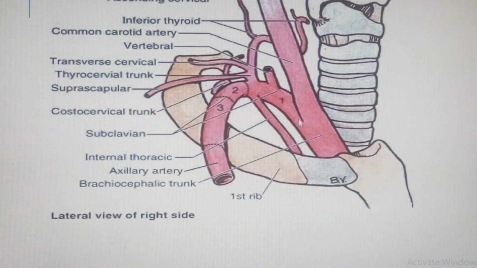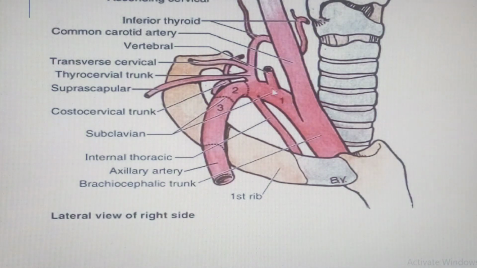So again, let's just go through it again. Here is the first part of the subclavian artery. The second part is deep to the scalenus anterior muscle, and then the third part is the distal part or the lateral part.